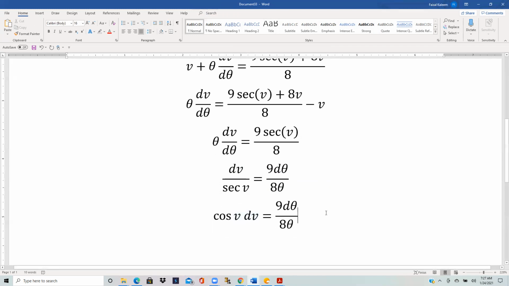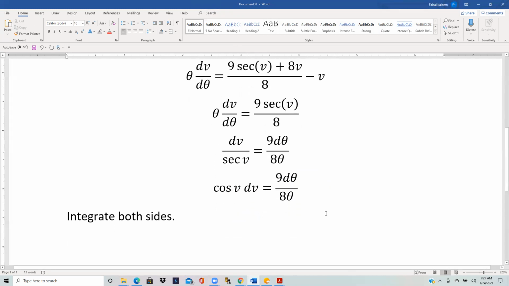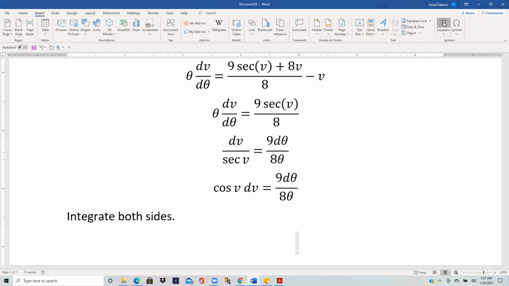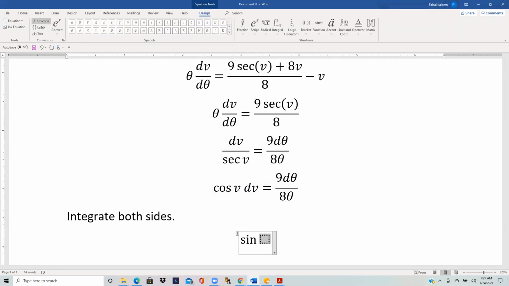And now you integrate both sides. And the integral of cosine v is sine v. This is a 1 over theta, so the 9 over 8 is a constant.